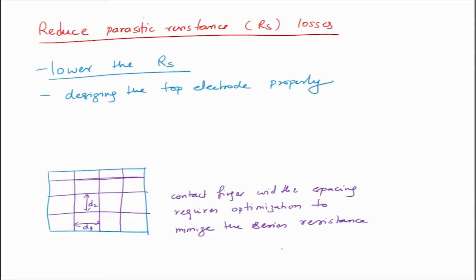If contacts are very far from each other, then again the collection is poor, because if you have this as a device, and let us say one contact is here, one contact is there, carriers are coming, they are getting collected here, they are getting collected here. But if they are too far, what happens to the carriers which are in between? Okay? They do not get collected efficiently.